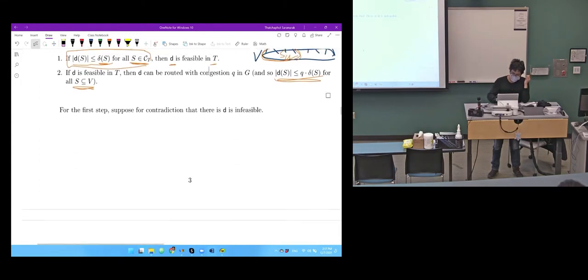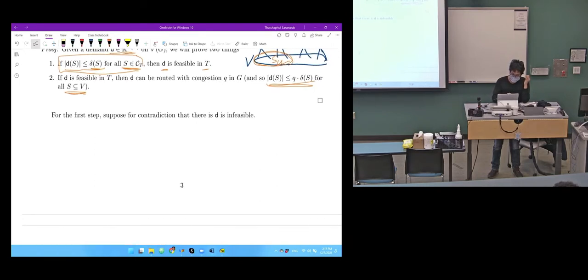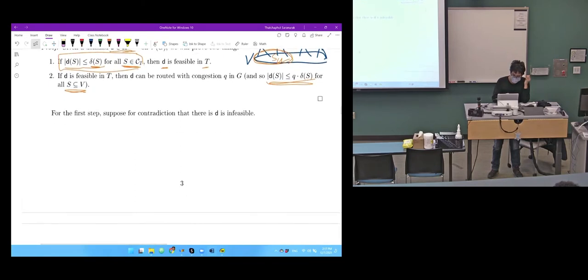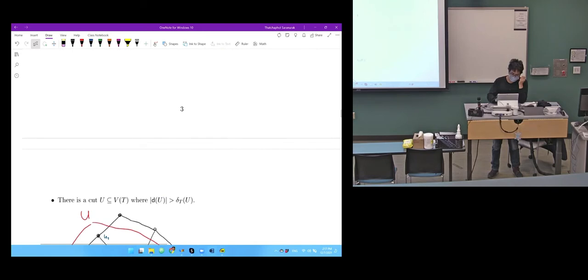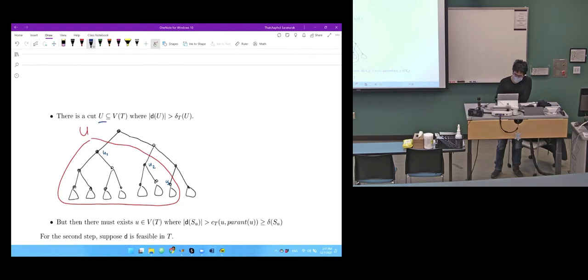So for the first step, suppose for contradiction that although this is true, D is not feasible in T. You cannot route it in T. If it is not feasible, just by max-flow min-cut, you know that there exists a cut U such that the total demand is larger than the cut size in this tree.